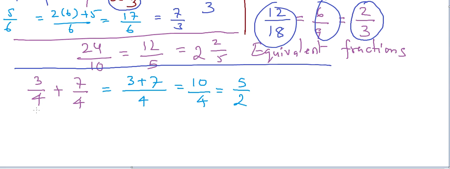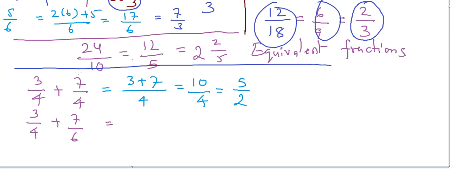Okay, suppose they are not like fractions. Let's say 3 by 4 plus 7 by 6 now. Obviously these two fractions are not like fractions. In that case, you need to take the LCM of the denominators, and that becomes the common denominator. So here the denominators are 4 and 6.